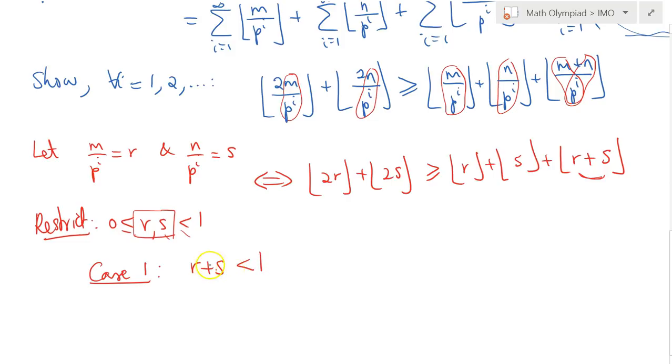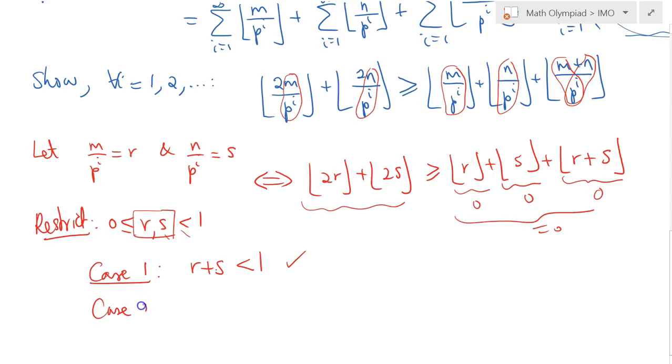Well, this case is obvious. If r plus s is less than 1, then the floor of this is definitely 0, and each of its components is obviously 0, no doubt about that. And the right-hand side can't do worse than 0, so the inequality will definitely hold.